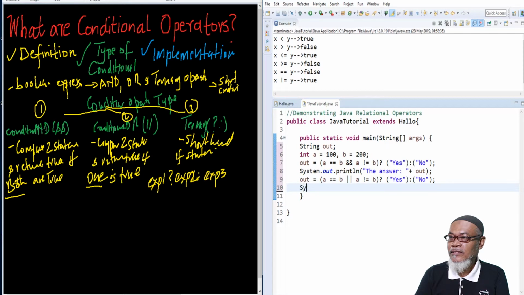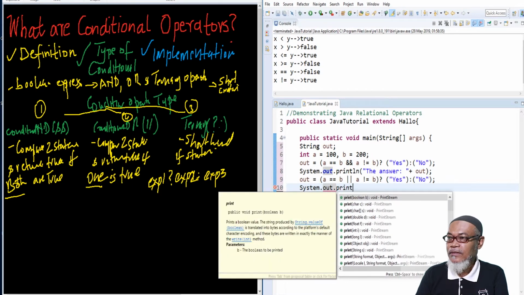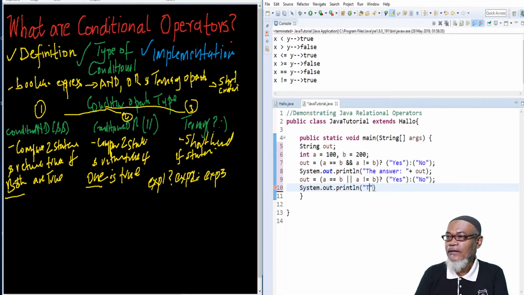Again I say System.out.println, and here just say the answer equals, plus out, and then we terminate. That is our demonstration.